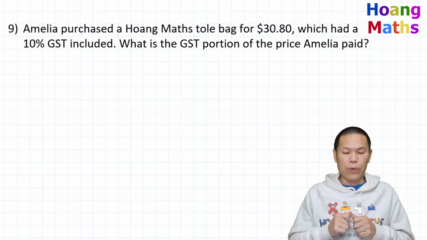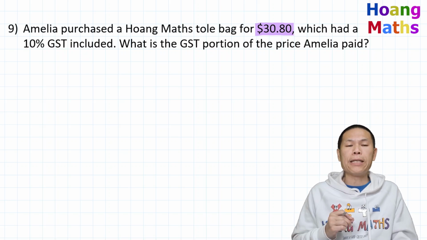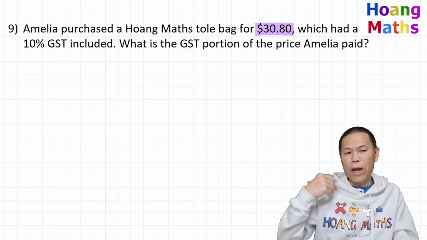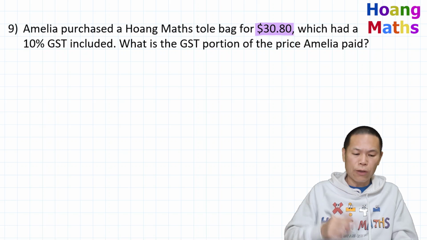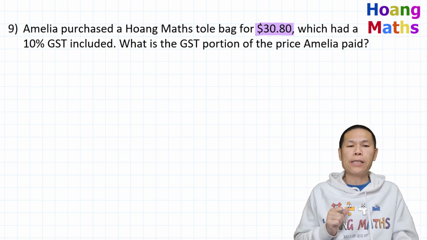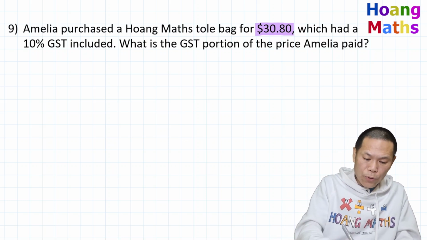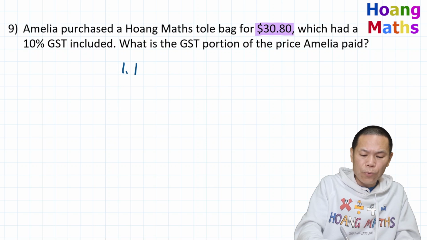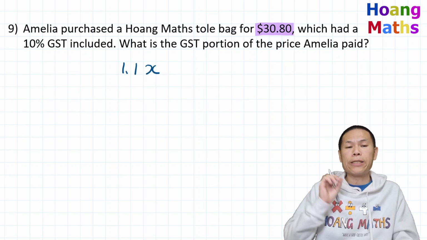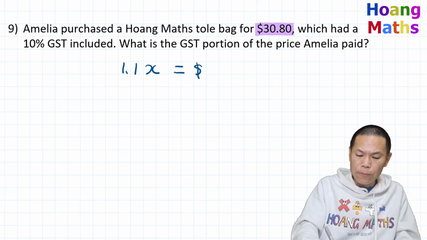Now, question 9. We know that the cost of the tote bag is this much, including 10% GST. Of course, you can do whatever method you like. I'm just going to show you a different method. We can simply work out the cost before GST, and then find the difference. 1.1 of the original price, that is 110% of the original price, will give me $30.80.